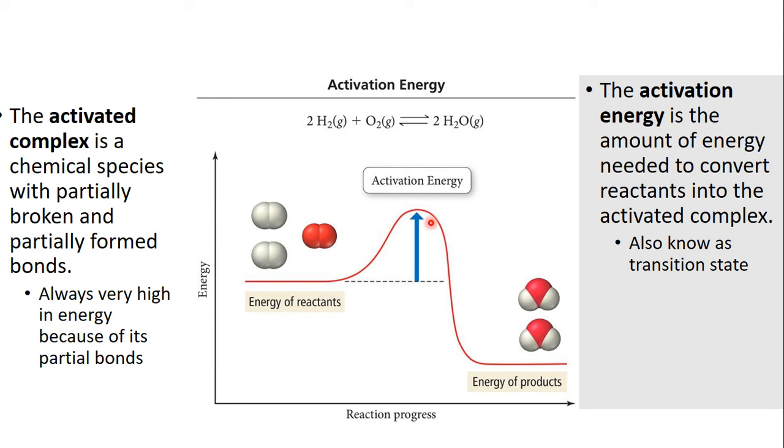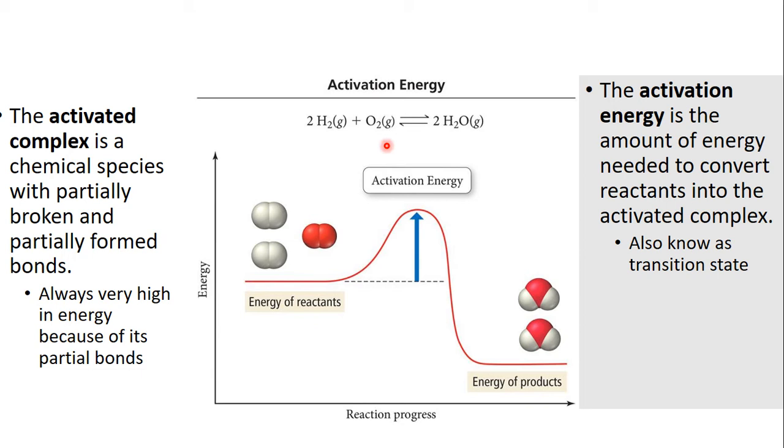And you need to put in energy for that to happen. That's the activation energy. So to make water, we have to get over this hump, and we have to put energy into that hump to get over that hump. It's kind of like running up a hill, right? So to get up that hill, you have to put in energy through your legs to get up that hill. And once you're over this hill, it's all downwards. It's easy to go downhill.